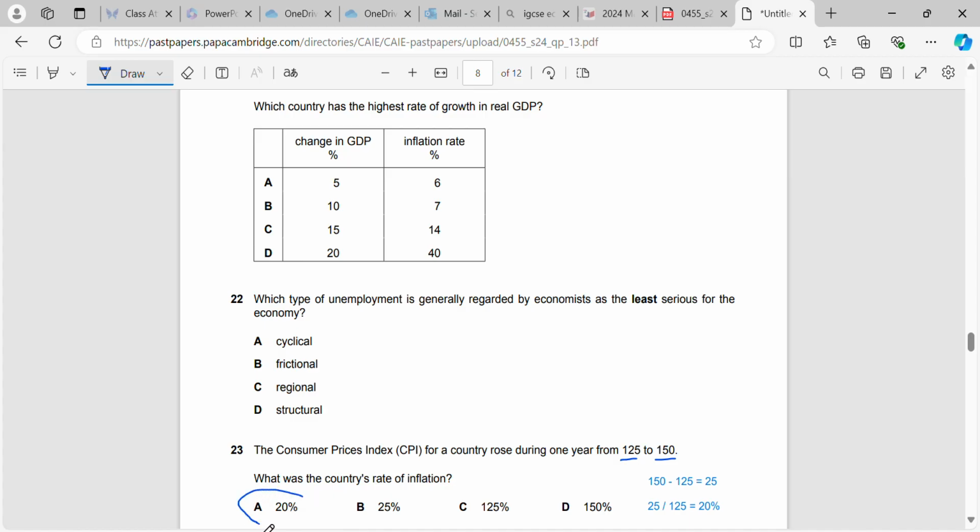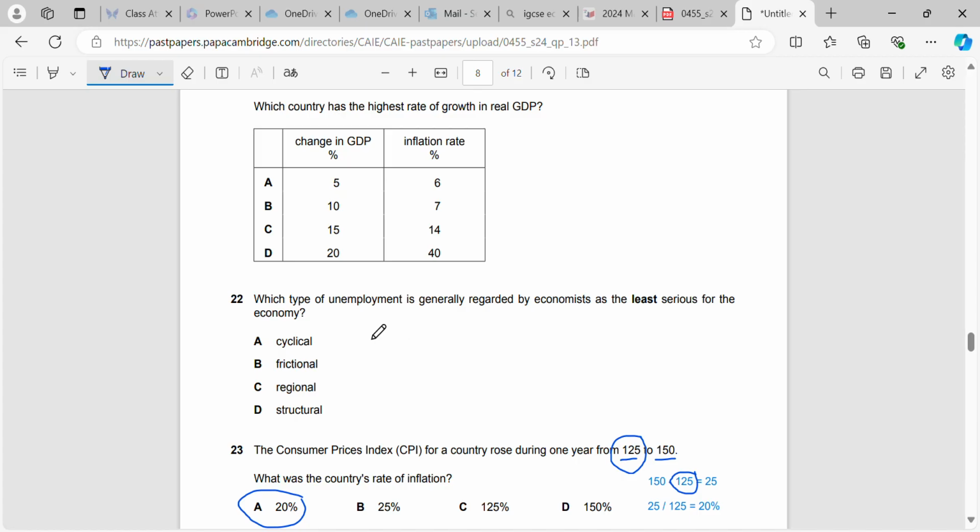We're not going to divide it by 100, which is a common mistake students make, or just subtract. We have to divide by the price index in the previous year. That gives us the inflation against our base year, which is always the first year they provide you, and in this case is 125.